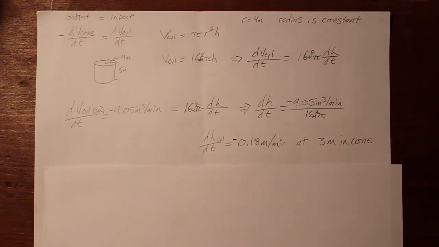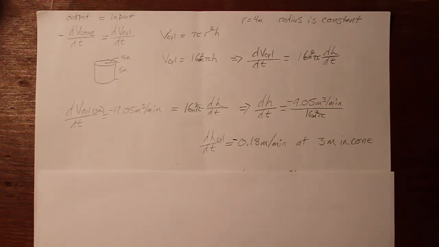This gives us the rate of change of height of water in the cylindrical tank with respect to time equal to negative 0.18 meters per minute when the height of the water in the conical tank is 3 meters.